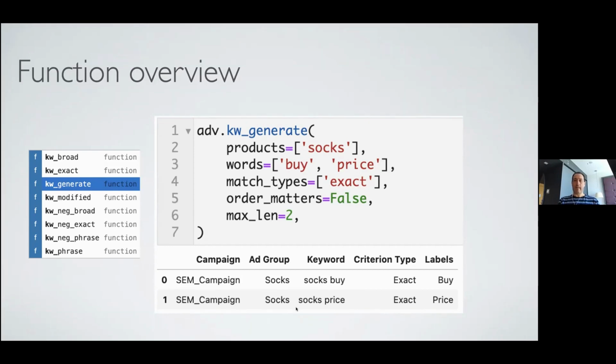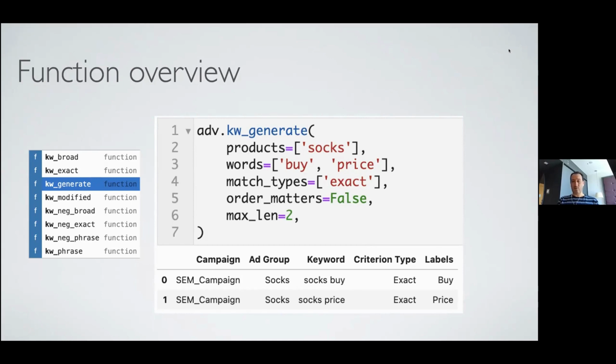So you get socks buy and socks price. Because this is for demonstration only, we said only exact match, so you get exact match keywords. Order matters is false, so don't give me the permutations. The maximum length is 2. So as you can see here, every keyword consists of 2 words.